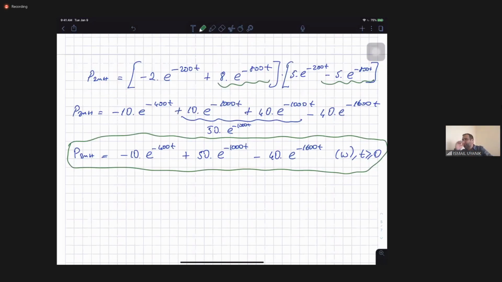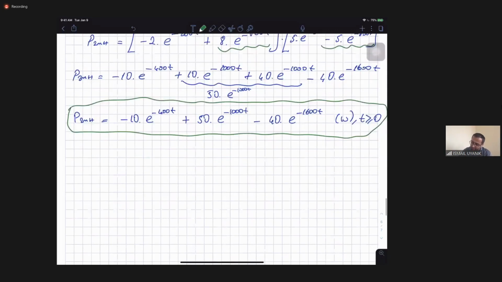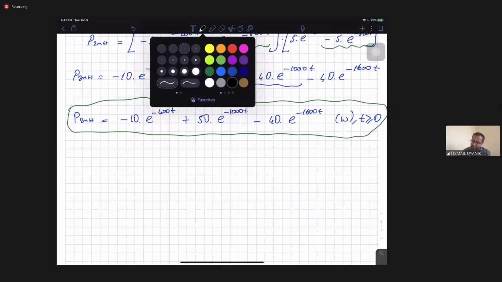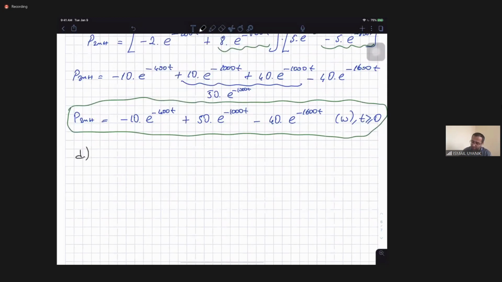So the next part of this question says, calculate the time instant. So let's try to write it here. Calculate the time instant, T star again. I will just say T bar, just to simplify, for maximum power.